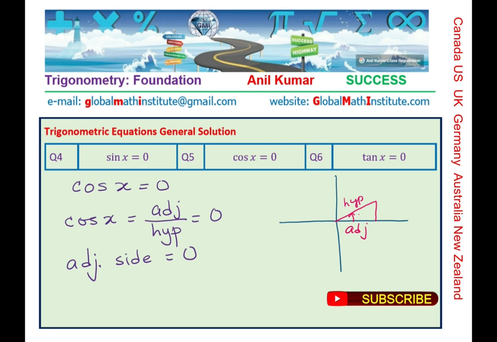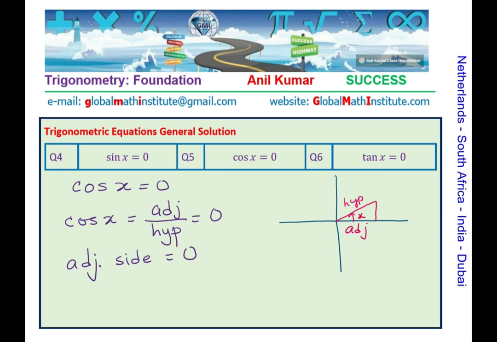The angle x is increasing if you move counterclockwise. As you move upwards, as you can see here, and like this, we have a triangle which has got lesser adjacent side. The third one, very less, correct? So the cosine value decreases.